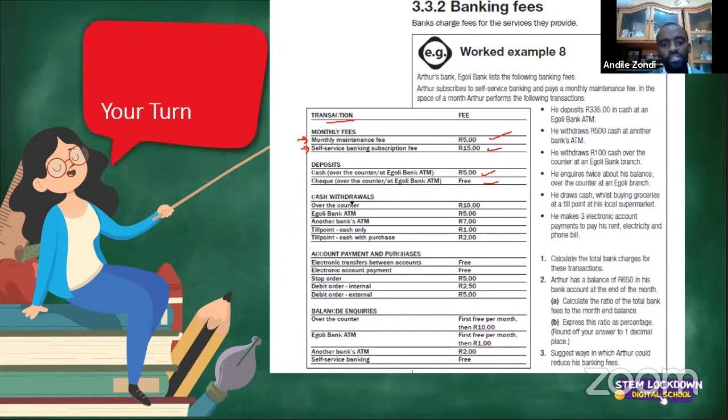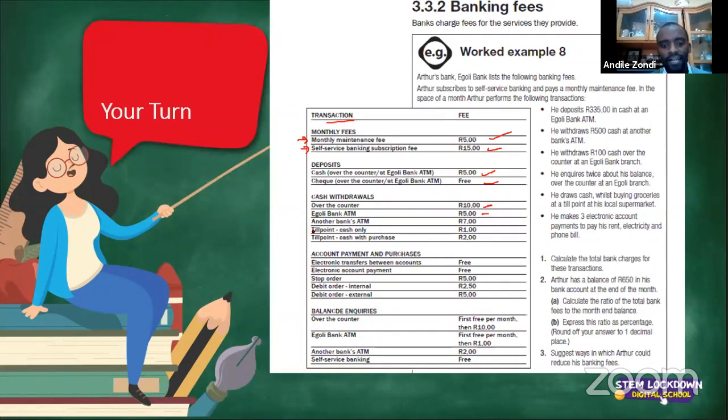Now for cash withdrawals over the counter inside the bank, it's always more expensive, 10 rand. If you're withdrawing at an ATM, at Egoli Bank, this person banks at Egoli Bank, they'll be paying 5 rands.